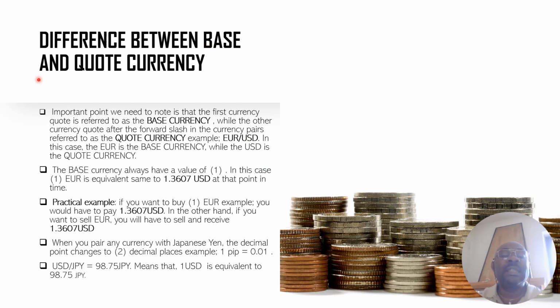Differences between base and quote currency. An important point we need to note is that the first currency quoted is referred to as the base currency, while the other currency quoted after the forward slash in the currency pair is referred to as the quote currency. Example, this is the EUR/USD. The euro here is the base currency.